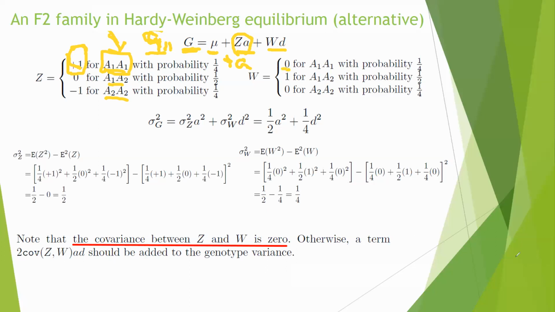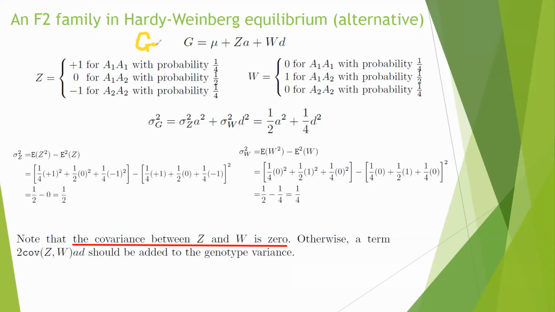The same goes for the heterozygous individual. The phenotypic value consists of mu as well, since mu is always there. But for this heterozygous individual, there are no additive effects, so we put a 0 here. But for the heterozygous genotype, there's a dominance effect, so we define W, this random variable, as 1 in this case.